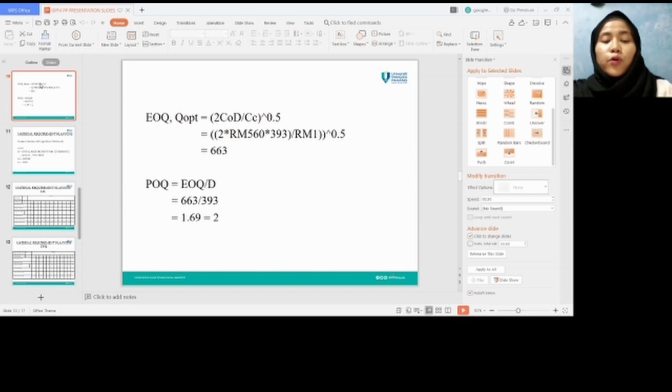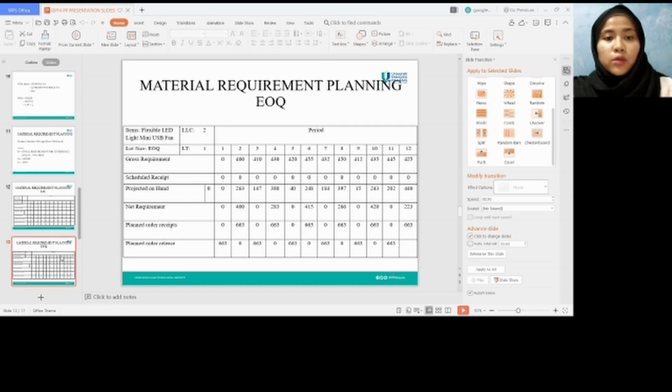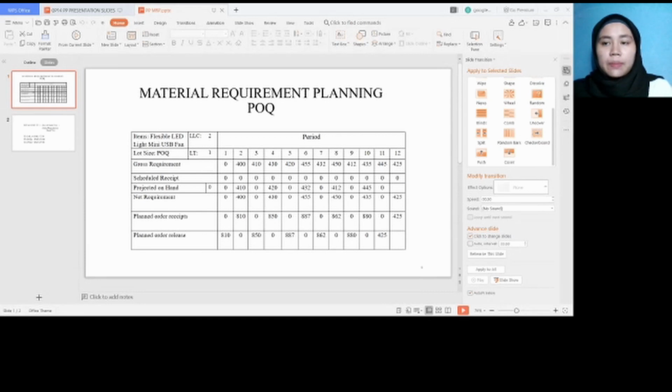For POQ, the total of EOQ divided by demand gives 2. When we get all of the final answers, we can proceed to EOQ. As you can see, the difference in projected on hand and planned order receipt. So this is the result.